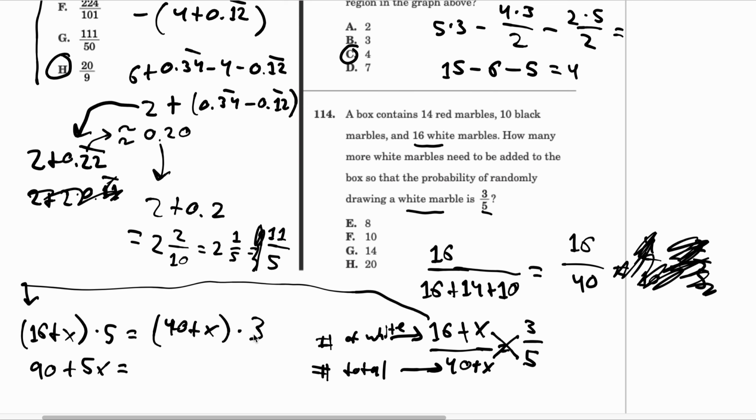And then 3 times 40 is 120. 3 times X is 3X. So now I'm going to subtract 3X from both sides to get 2X plus 90 is 120. And then 2X is equal to 30. So X is 15.